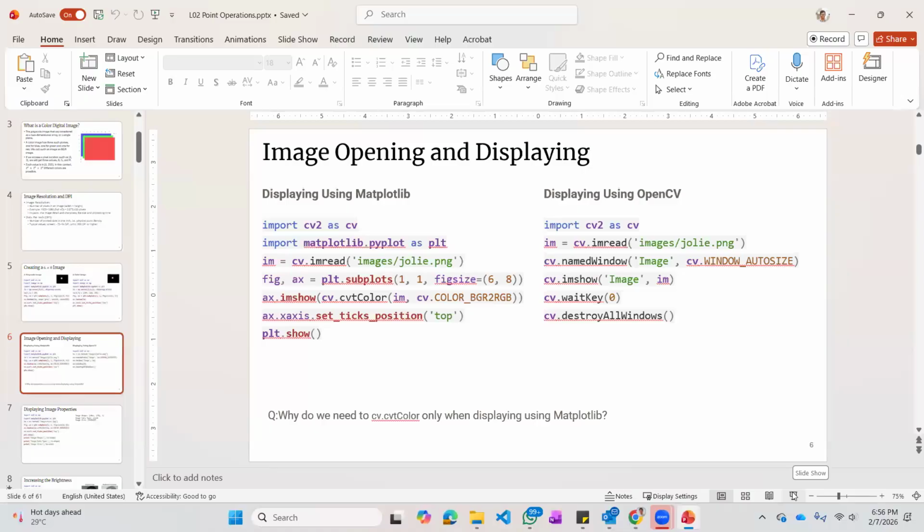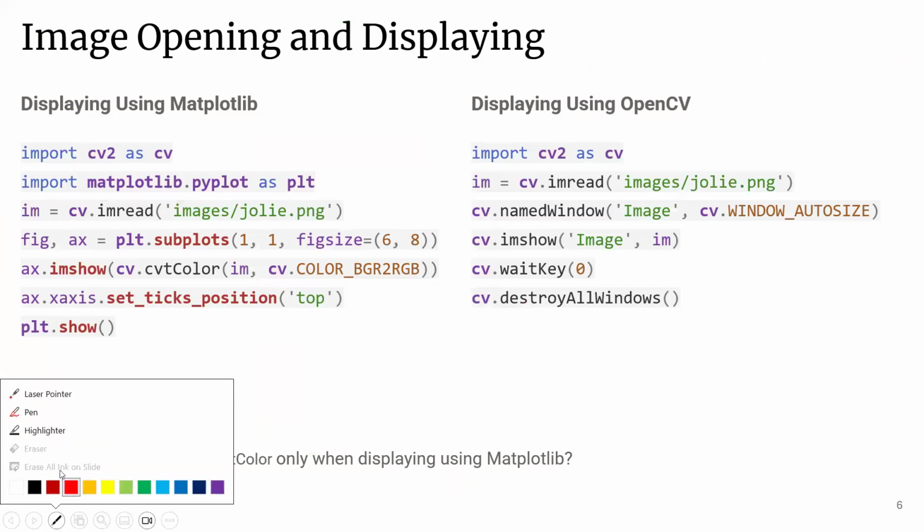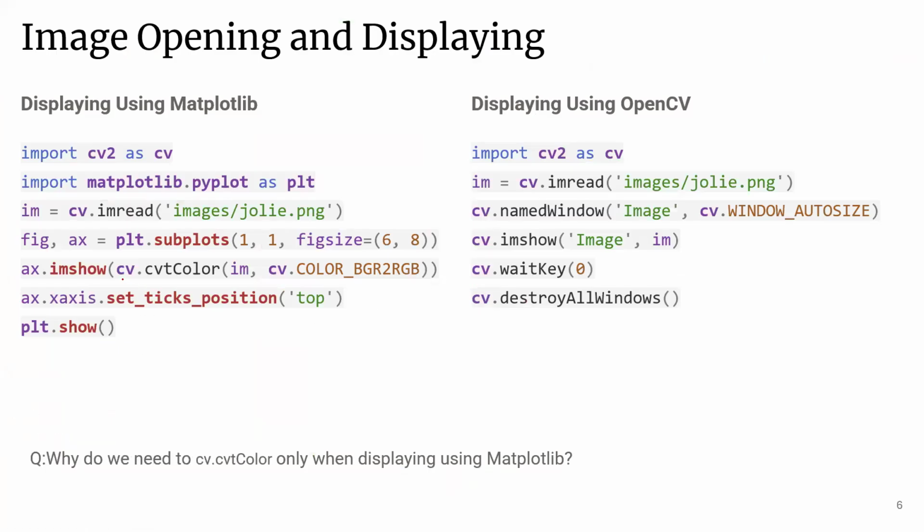I couldn't get my picture to change color. Can you share the code again? Yes. So you can see here this cv convert color. That's the one that does that.